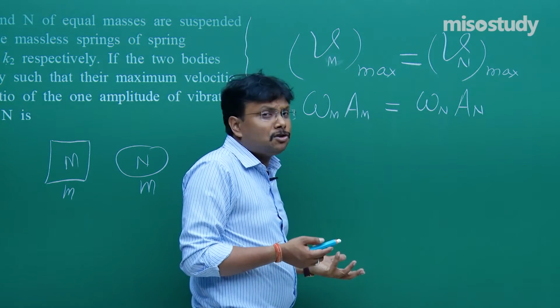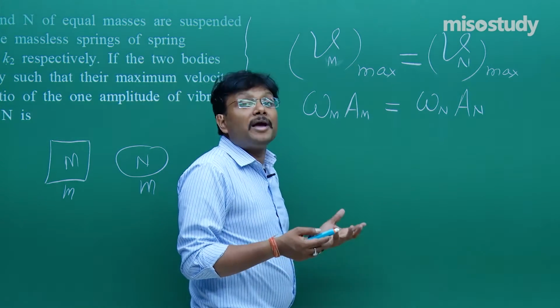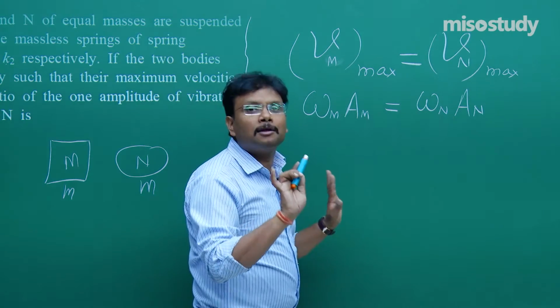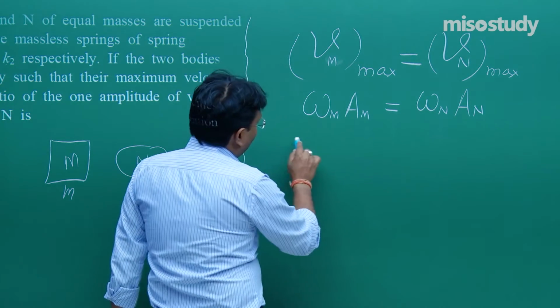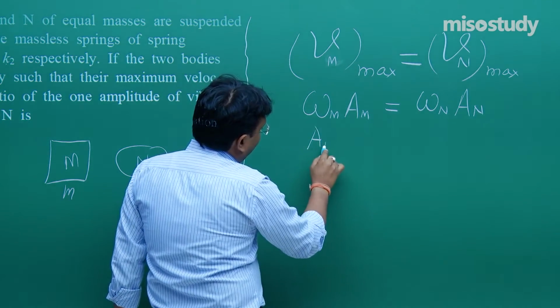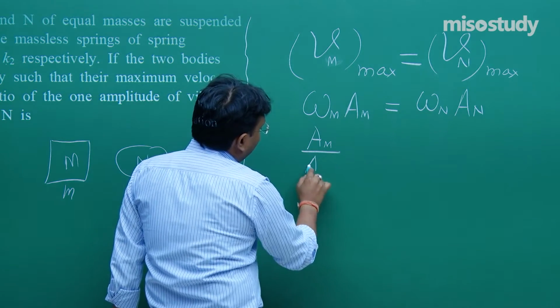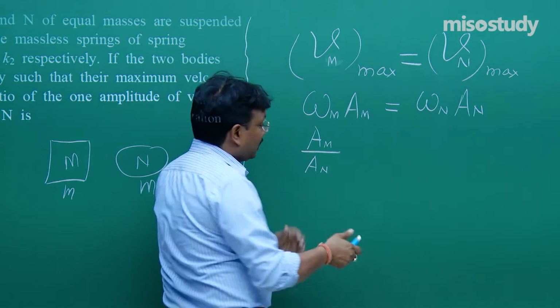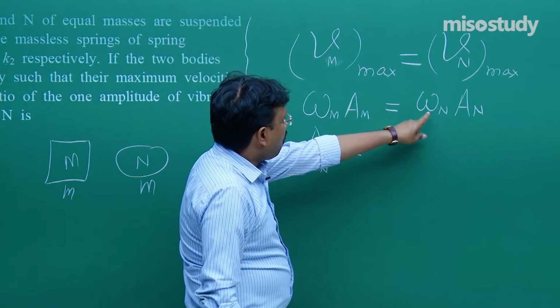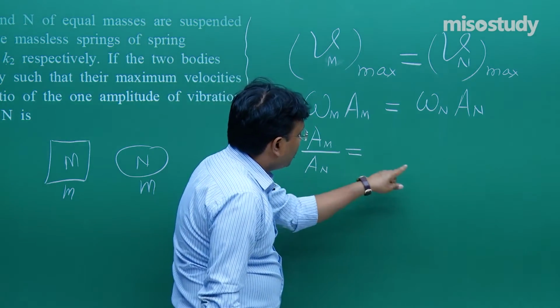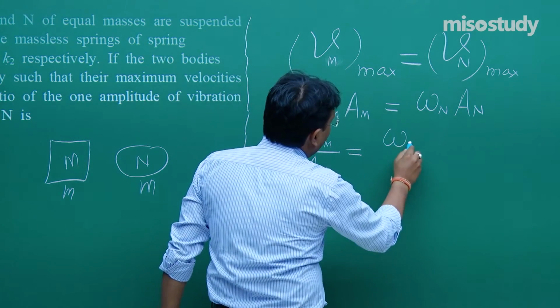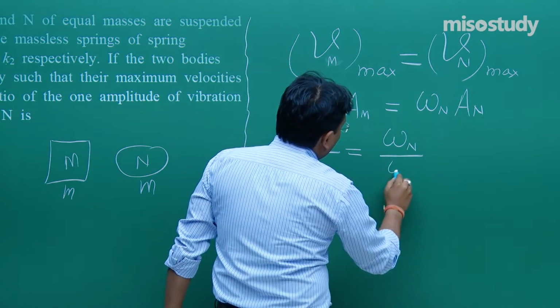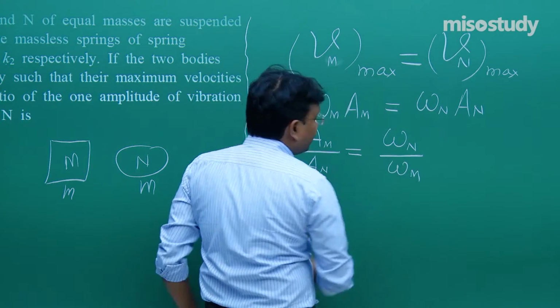You know that T is equal to 2 pi upon omega, or omega is equal to under root K by m. Forget anything else. So A_M upon A_N is equal to omega_N by omega_M. Very simple question, slight twisting, nothing else.